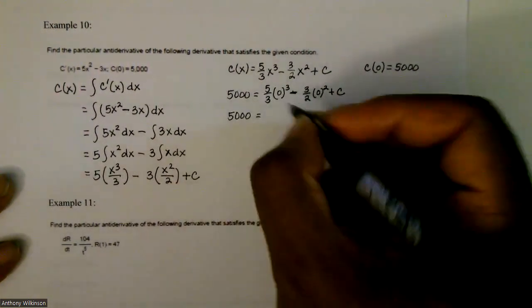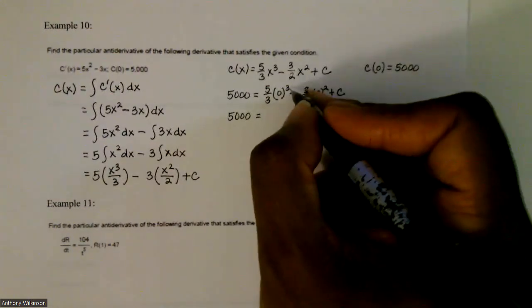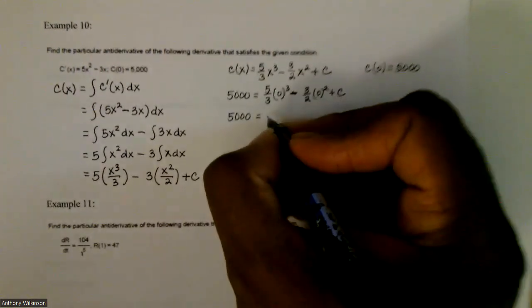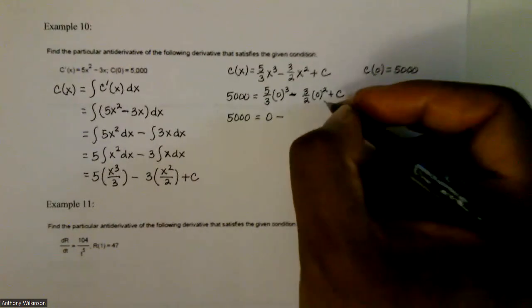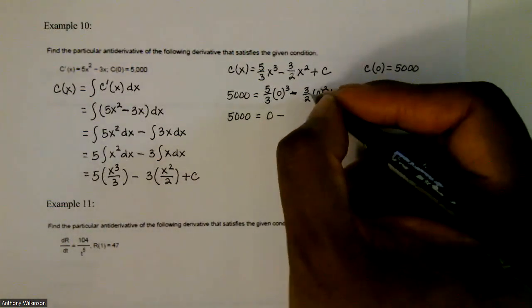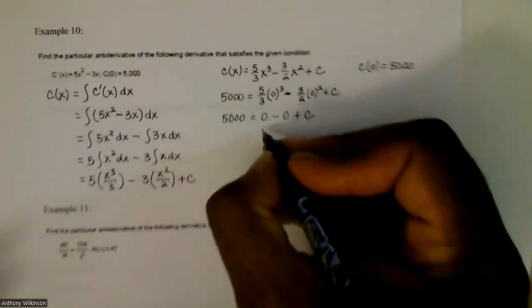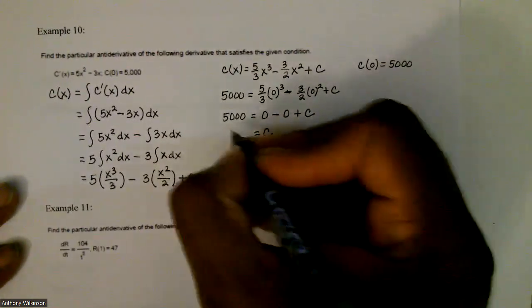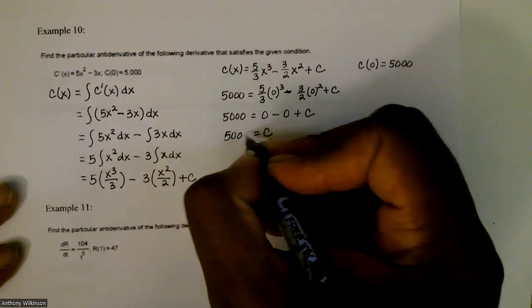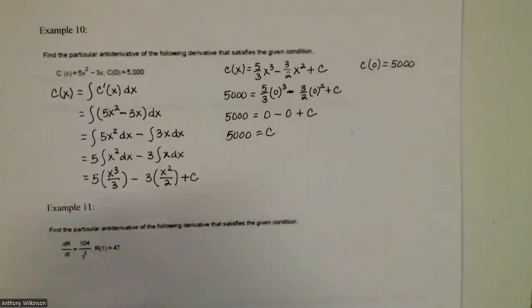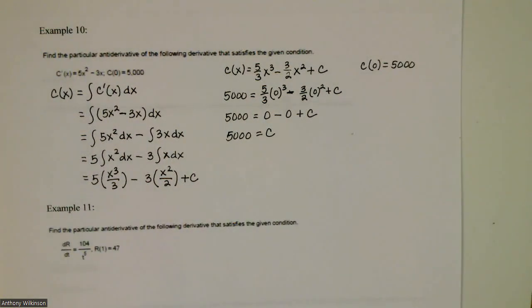Now this one's going to be easy because if I cube this 0, that's 0 times the 5/3 in front, that's 0, minus 0 squared is 0 times the 3 halves is 0, plus c. And notice I'm just left with the constant c, and that's equal to 5,000. So my constant would be 5,000.